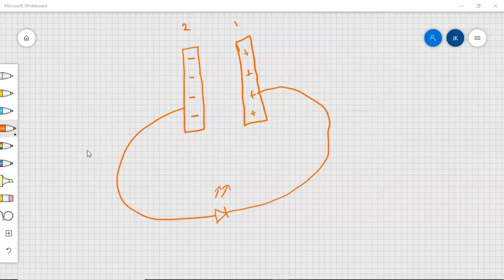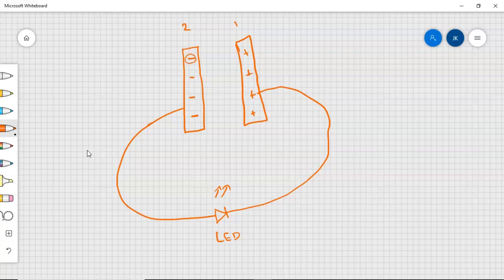Now if we short the two ends of the capacitor through a load, an LED, current will start flowing through the load. The accumulated electrons from plate number 2 start moving to plate number 1 until both plates become electrically neutral again.